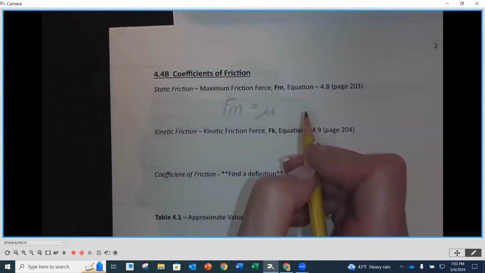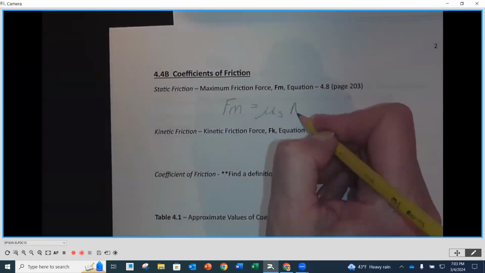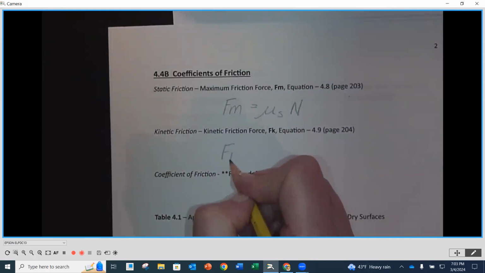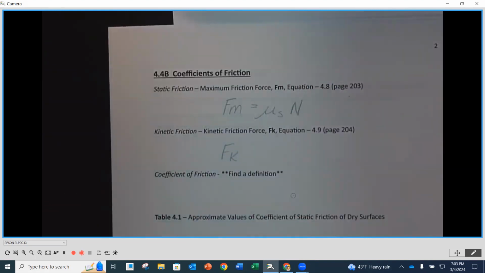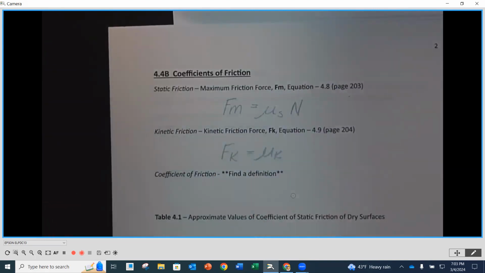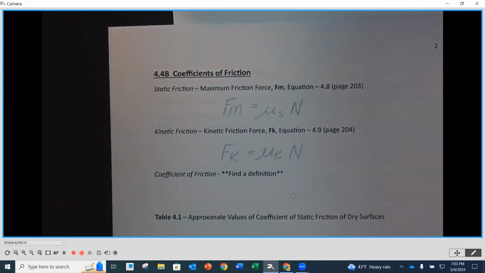And then we put an S on the side of it for the static coefficient of friction for those 2 materials that are in combination with each other. And then it's going to be multiplied by the normal force. Now, very similarly, the kinetic friction force, capital F sub K, is going to be equal to mu K, the kinetic coefficient of friction for the materials, times the normal force.